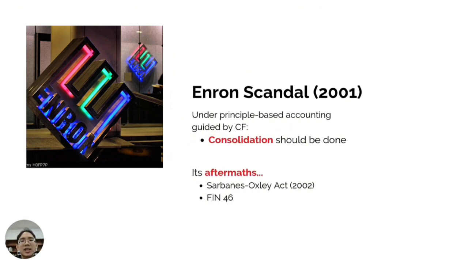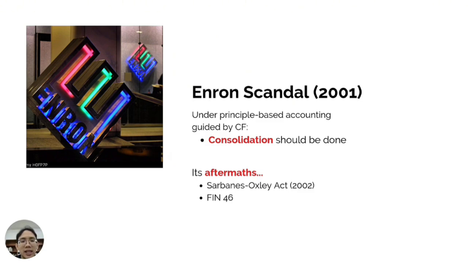Under principle-based accounting, consolidation should be done by Enron. This is because those entities were still under its control and the risks of those entities were still borne by Enron.